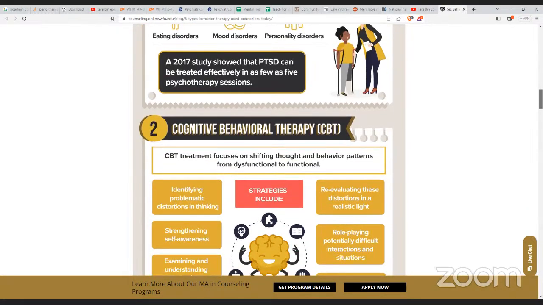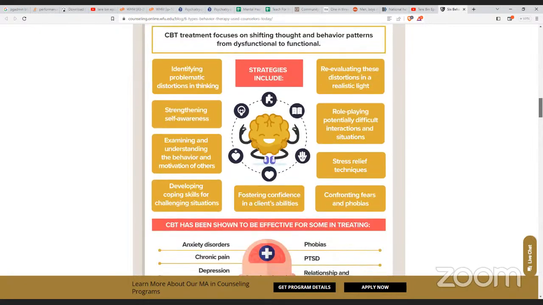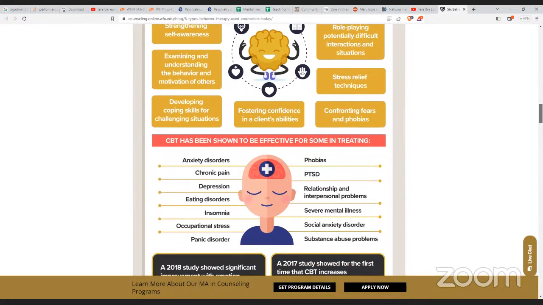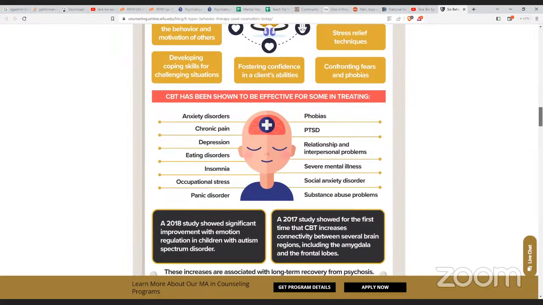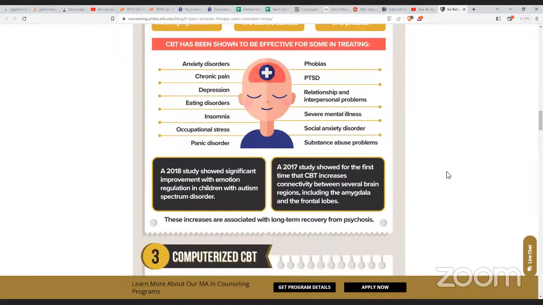And then next is CBT. So you know what CBT is? CBT has been shown to be effective for some in treating phobias, anxiety disorders, social anxiety disorder, and other disorders. A 2018 study showed significant improvement with emotion regulation in children with autism spectrum disorder.